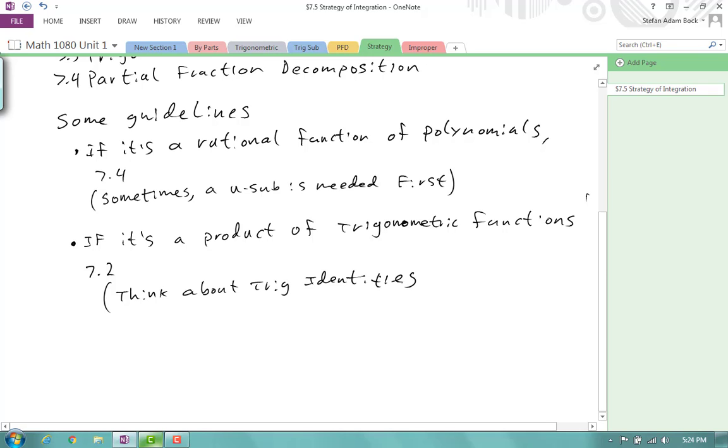This is going to be double angle formulas, half angle formulas, which are actually some of the techniques out of 7.2. Maybe sum or difference formulas, and certainly some of the more basic ones like the Pythagorean identities, or the basic identities like secant, which is 1 over cosine, or tangent, which is equal to sine over cosine.